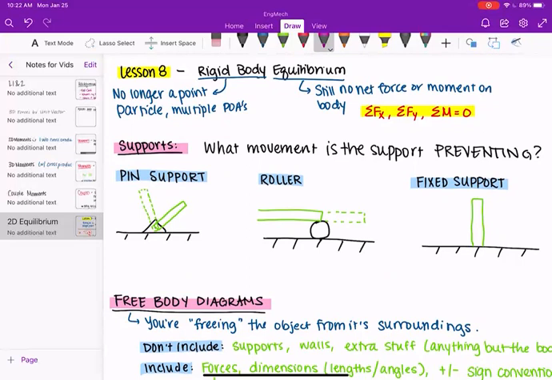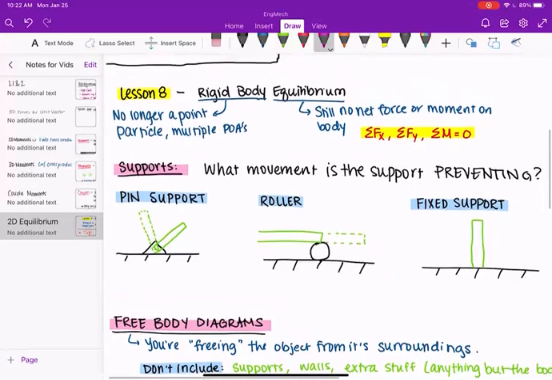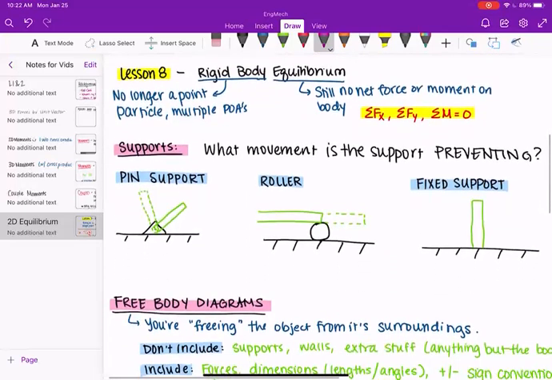Equilibrium by definition stays the same, so all the sums of the forces and the moments should equal 0. But because in real life things don't just hover, you're going to have what's called a support, or I like to call them fixtures, but technically they're called supports. These are the 3 most common, but you can figure out exactly what the support does by thinking about what it causes the body to not be able to do.